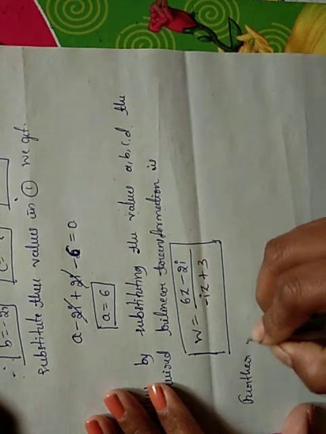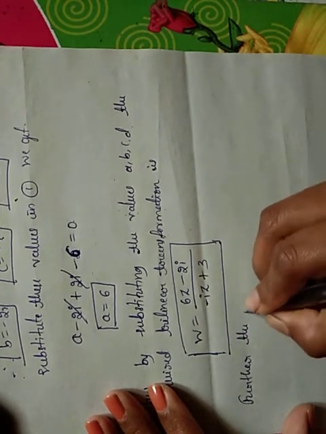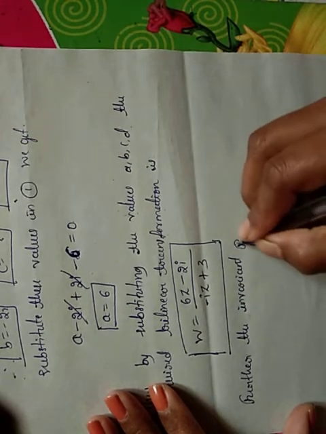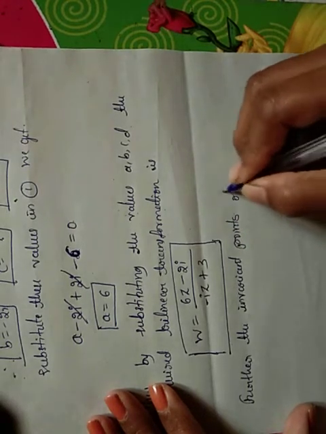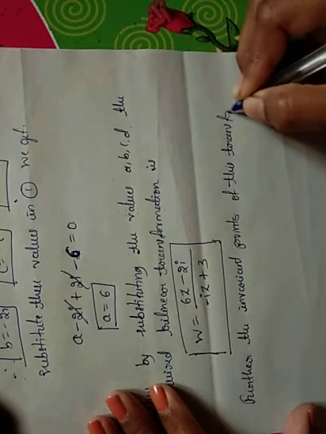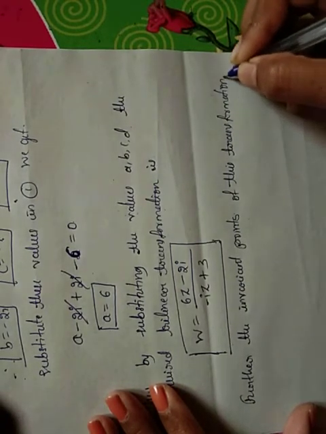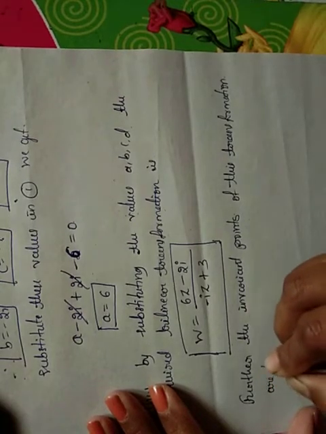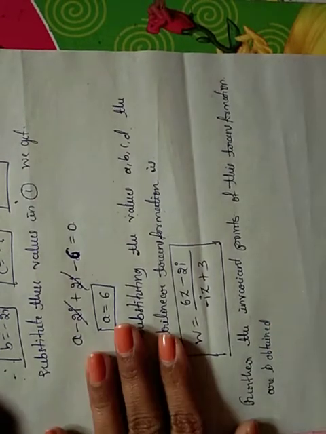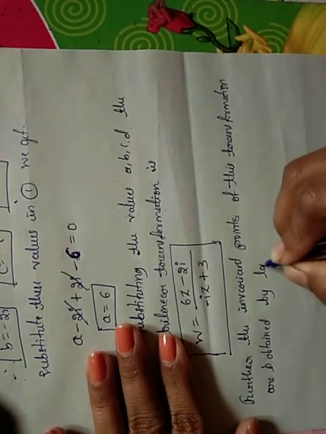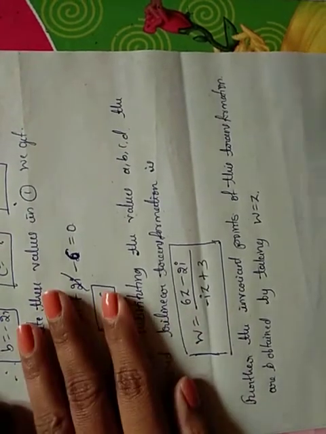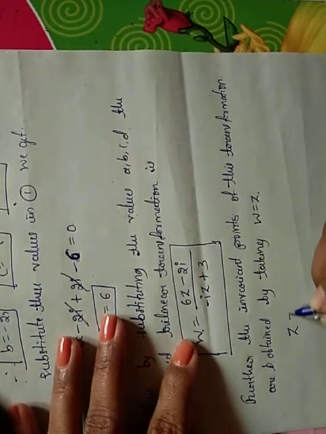Further, the invariant points of this transformation are obtained by taking W equal to Z. So we have to obtain the invariant point now. Put W equal to Z.